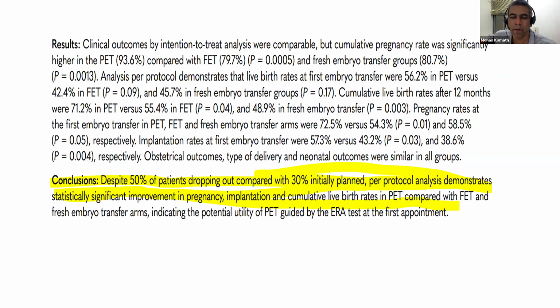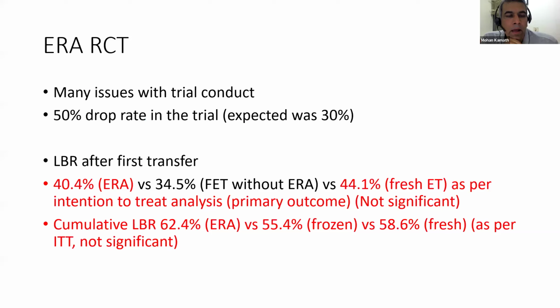And subsequently, they had huge dropouts. But they go on to conclude, based on per protocol analysis, that there's a significant improvement in pregnancy and cumulative live birth following the ERA. And this is a bit of a surprise because normally, methodologically and with reasonable caution, most of our editors would not allow this to happen.